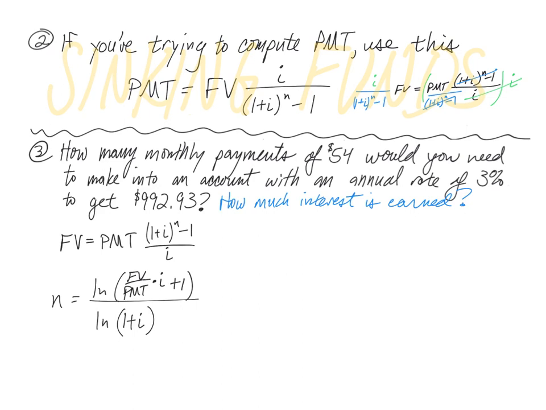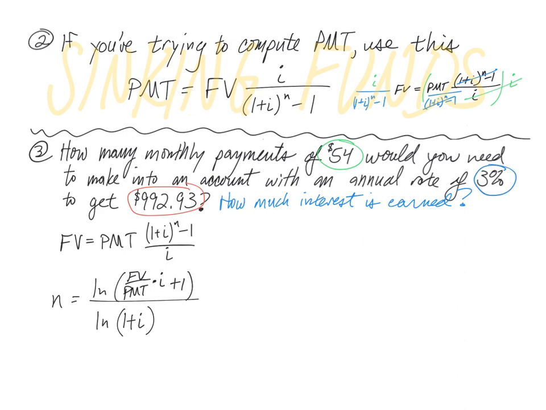Now all we have to do is identify everything in the expression here. Let's see, we know the future value is $992.93. We know the payment is $54, and we have an annual rate. We have to do a little bit of figuring here.